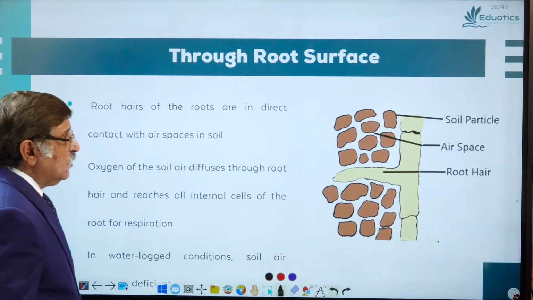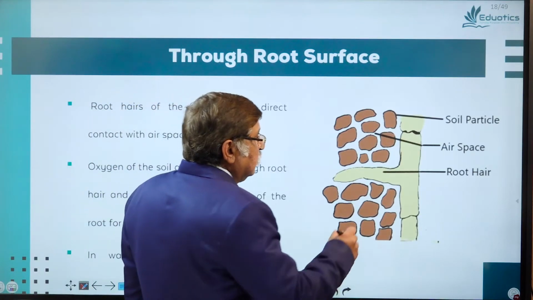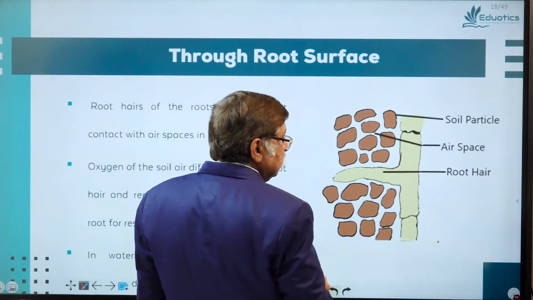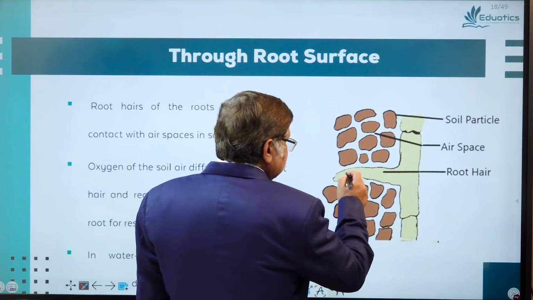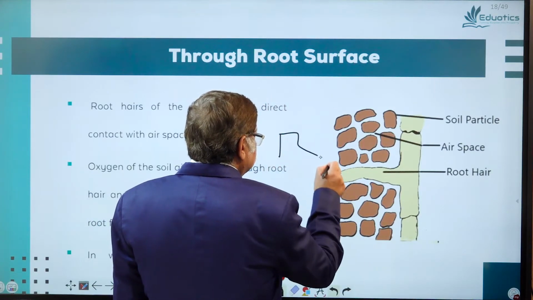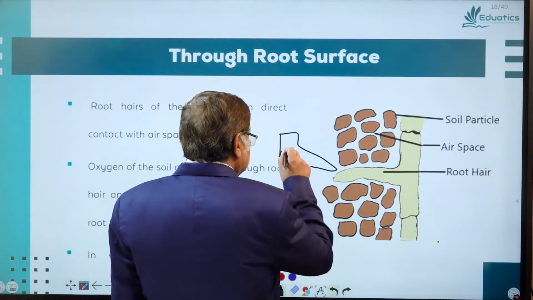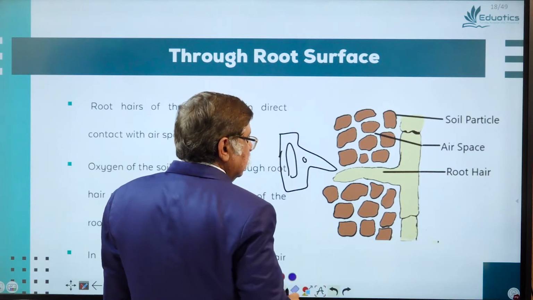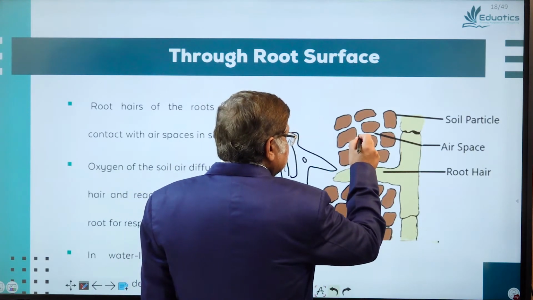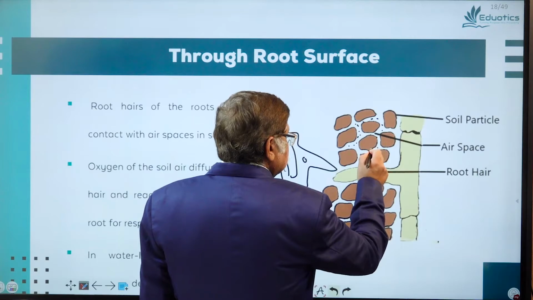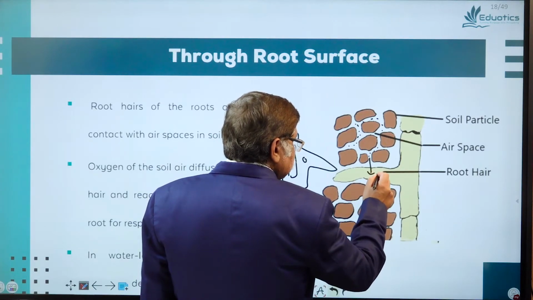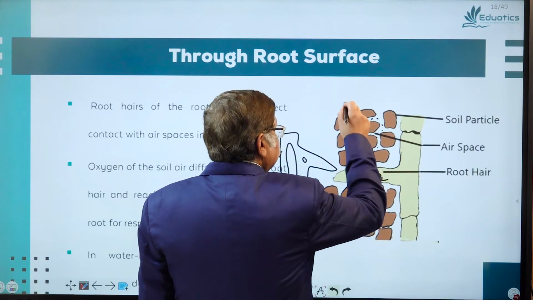They can also breathe through root surfaces. The root hair cell is a single cell. The air trapped inside the soil particles will diffuse in, that is oxygen will diffuse in, carbon dioxide will diffuse out.